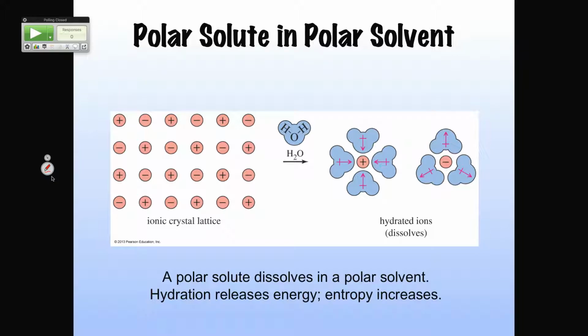So when you put something that's ionic, like salt, in water and you dissolve it, the negative parts of the water surround the cations, and the positive parts of the water surround the anions. That's how it works. Remember that it is 3D, so you can have molecules on these sides too.